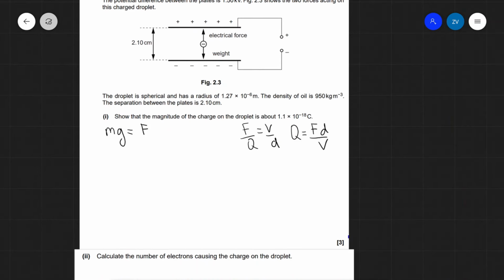So we need to figure out the mass. Because we're given the density, I'm going to use the fact that density is mass over volume, which means mass is equal to volume times density.